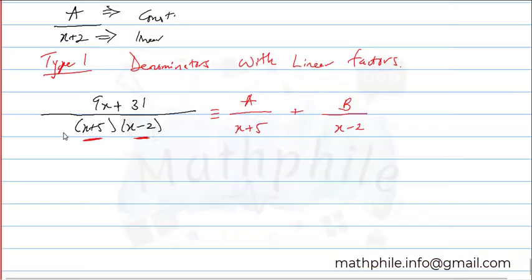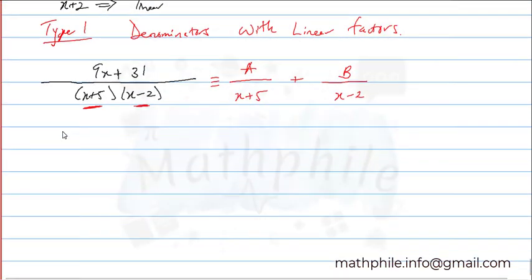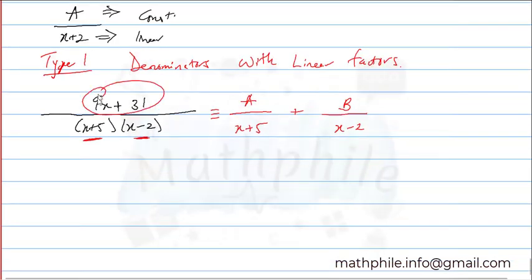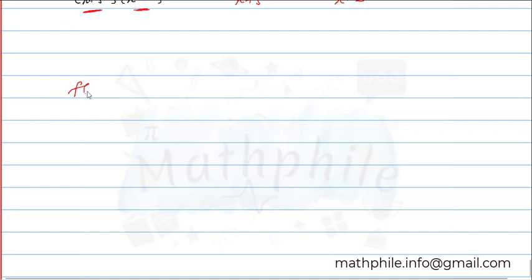Let's see if we can write out the partial fraction equivalent of the following example. As you can see, this 9x plus 13 is not that useful in writing the partial fraction equivalent, so I'm not going to put anything at the numerator for the meantime. So let's say that there is a partial fraction of f of x over x plus 2, x minus 3, and x plus 4.